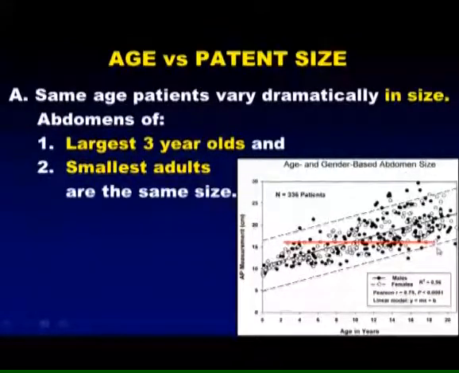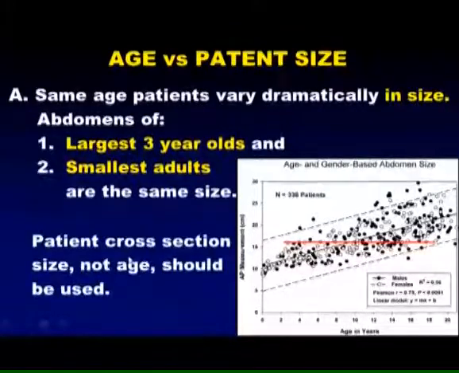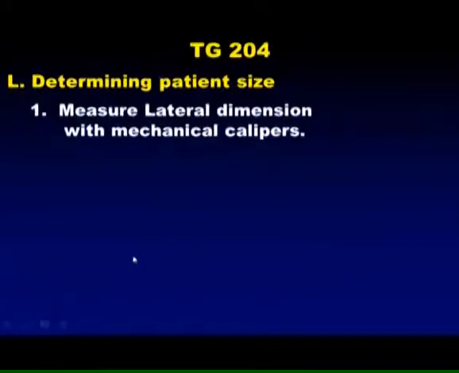And you see here that my smallest 18-year-olds are exactly the same size in girth as the largest 3-year-old. Of course, my point here is that age is not a good indicator of patient size. And so that's discouraged, and we are encouraging everybody to actually measure the size of the patient.